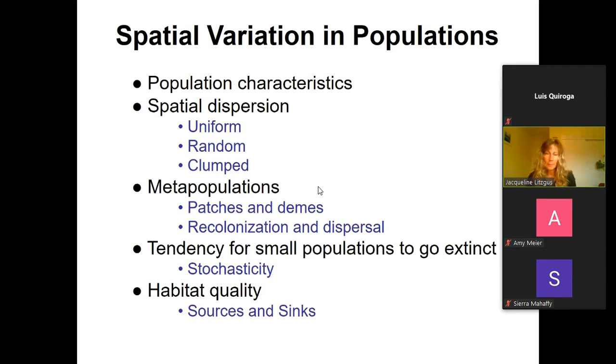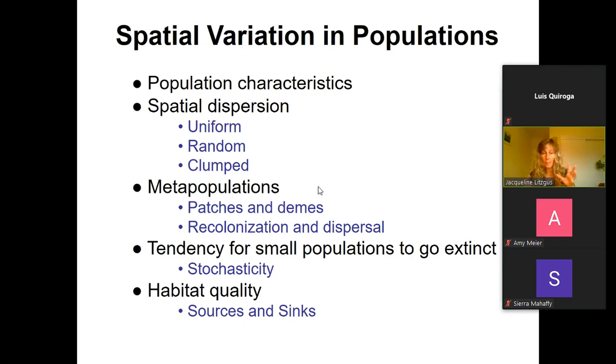Okay. We talked about the idea of recolonization and dispersal playing a role in how this system works. So the idea is that patches tend to have small populations; each deme tends to be pretty small. And so there's this tendency for these small populations to go extinct because of stochastic events in birth and death rates or stochastic environmental events.